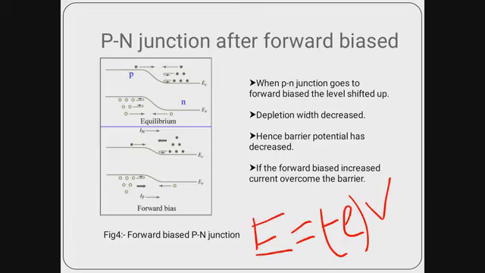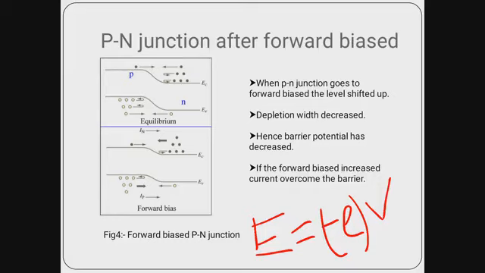So here V is negative. Why is this level shifted up?